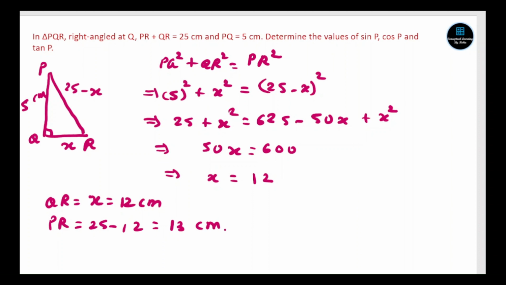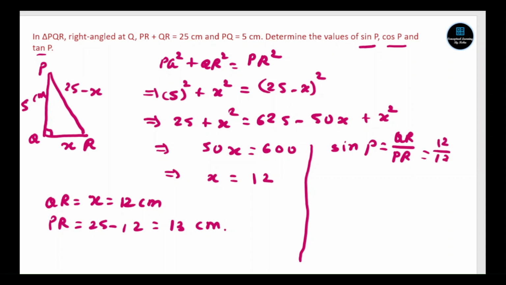Now it is easy to determine the given values. So let's quickly write this. Sin P. P is the reference angle, so QR is the perpendicular. QR to PR. Now QR is 12 upon 13.